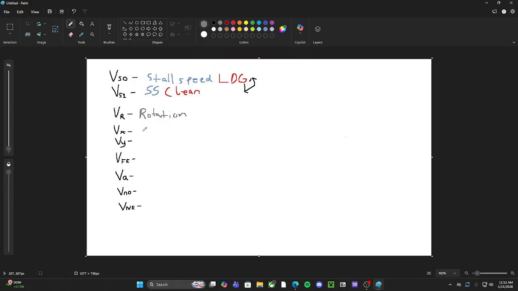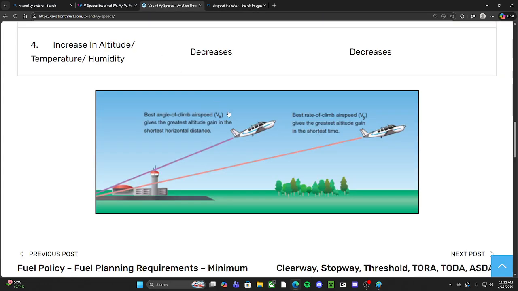And then VX and VY, if you remember those, that's best angle and best rate. So we have VX, best angle of climb. And then VY, we have best rate of climb. So if you remember that little picture I showed you, I think I have it right over here.